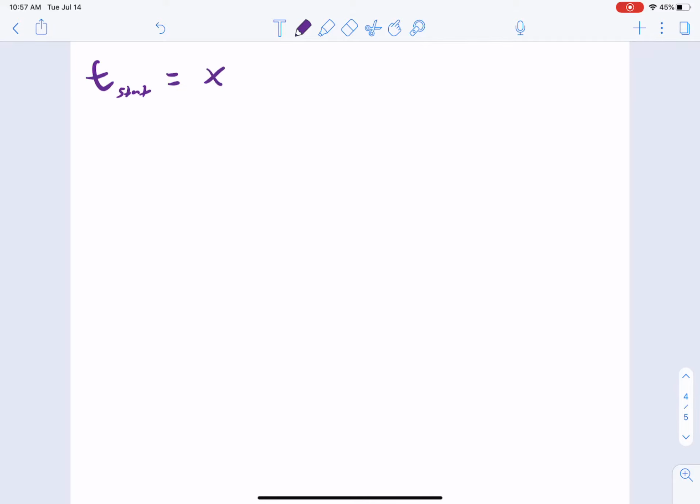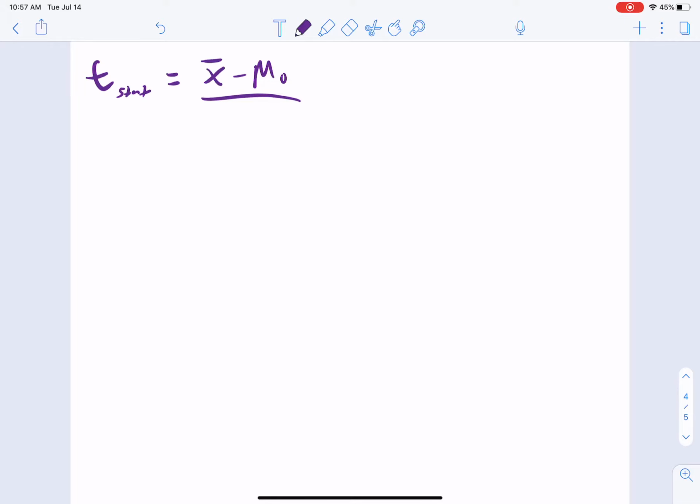Okay, so we'll come in here, do it in a different color, right? Kind of color code things. Our t-stat equals our sample mean minus the null, the population mean, our given value, divided by the standard error, right?